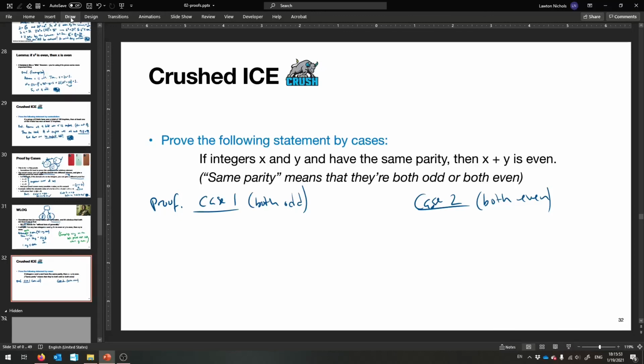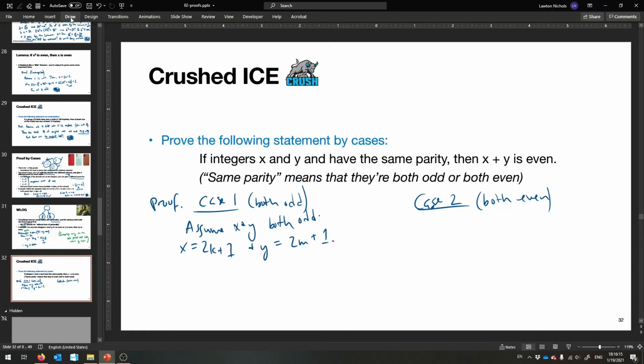All right. So in case 1, they're both odd. Let's assume that x and y are both odd. That means that x equals 2k plus 1, and y equals 2 times m plus 1.